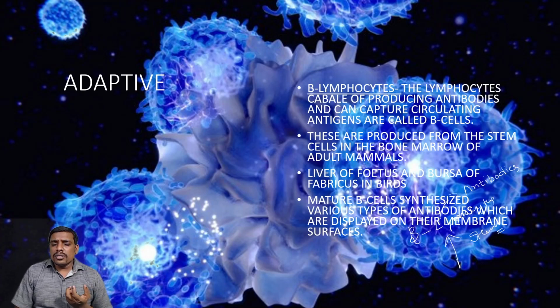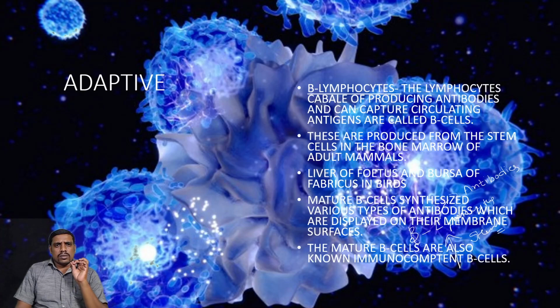The antibodies are produced by plasma cells, which later produce the specific antibodies required for killing various germs. The mature B cells are later stored in the lymphatic tissue or lymphoid organs.